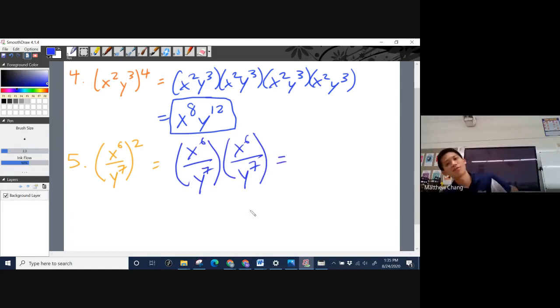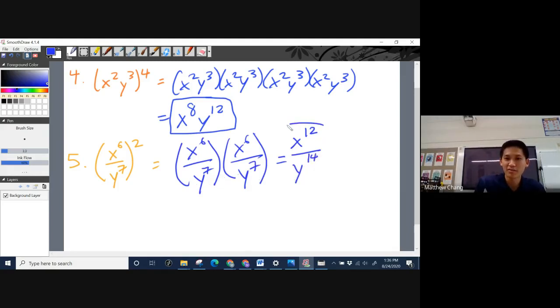If you remember how fractions work, you multiply across. So x raised to the 6th times x raised to the 6th is x raised to the 12th, and y raised to the 7th times y raised to the 7th is y raised to the 14th. That is basically how you would do that one.